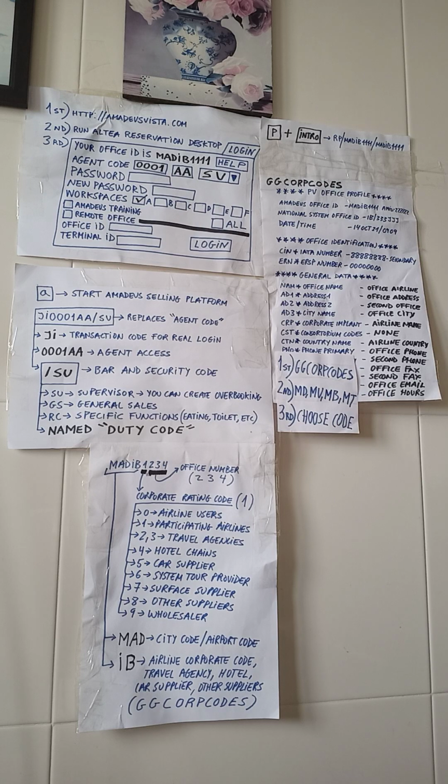Once we have displayed the triangle, once we have displayed all the information touching on here and chosen the duty code we are interested in, we proceed to fill in the password, okay? The password.